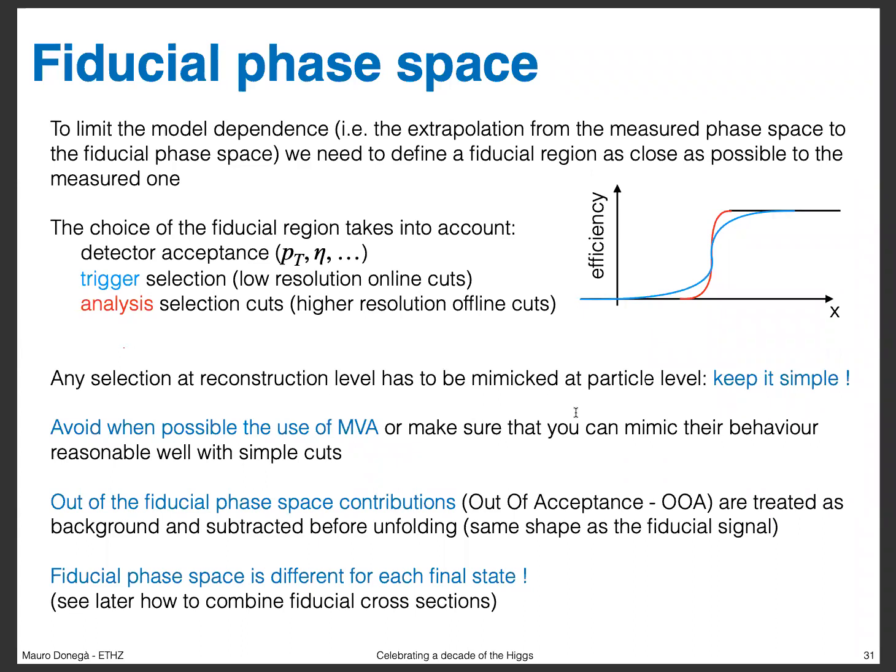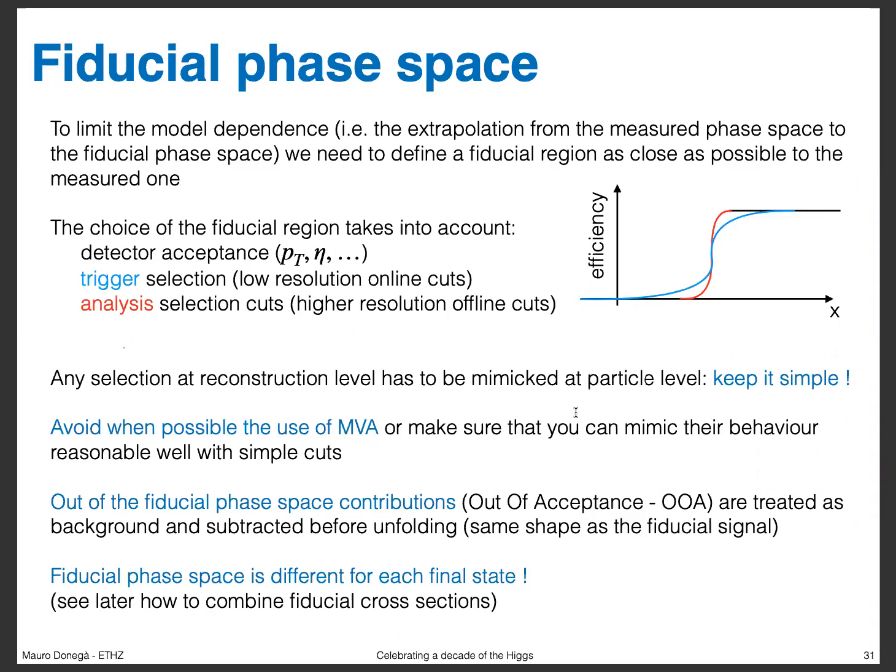But effectively, in the end, we cannot transfer this BDT into a physical region of the phase space of the photons. And so when we have to define the fiducial region, we try to replace this by essentially applying cuts on isolations that try to get a similar performance to what you get with the BDT. And of course, because of the not perfect matching, you will have these effects of migrations.